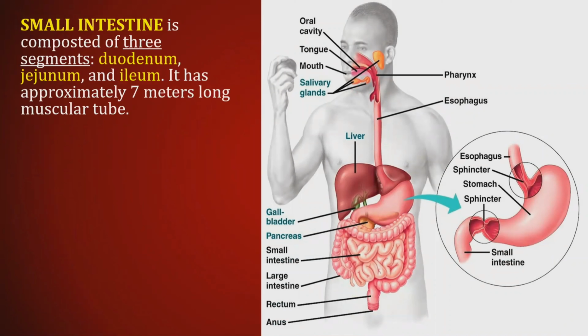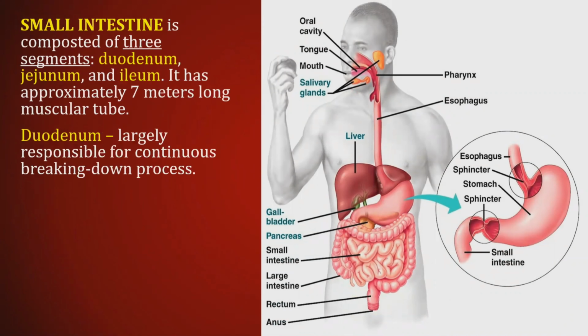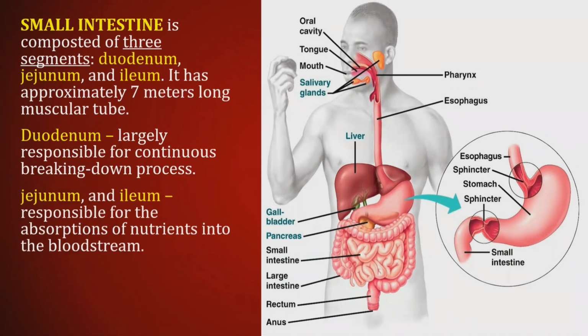The small intestine is composed of three segments: duodenum, jejunum, and ileum. It is an approximately 7 meters long muscular tube.